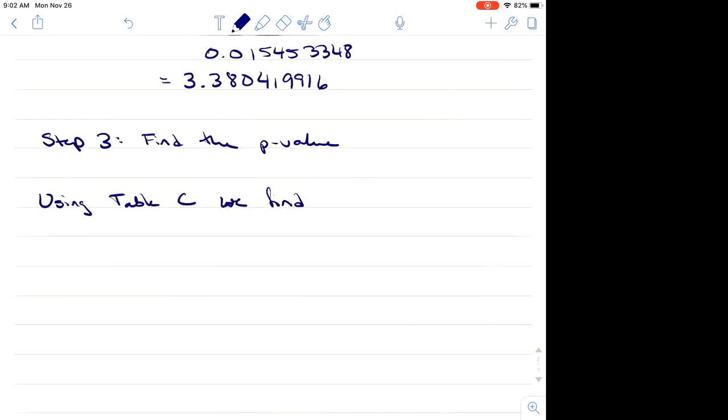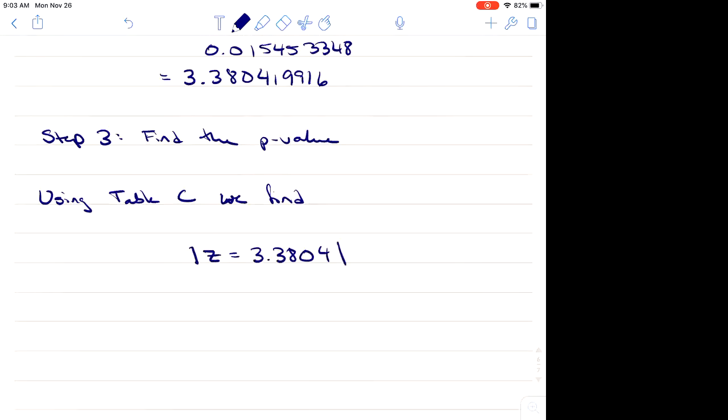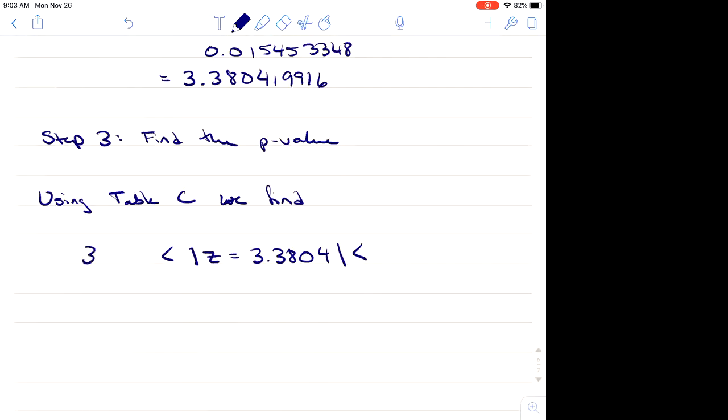Because we've got a Z. So we find that the absolute value of Z equal to 3.380, I'll go to 4, is going to be between 3.38, we're maxing out the table, 3.291.